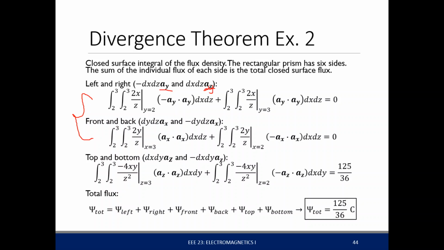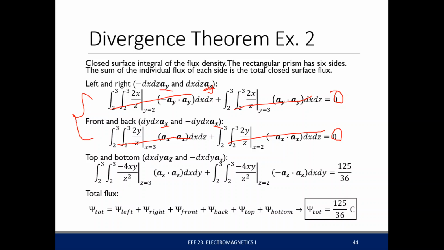If we evaluate those integrals, we can show that these two are equal in magnitude but opposite in sign. So they cancel each other out and become 0. The same is true with the front and back, which is along ax hat and negative ax hat. So also 0.